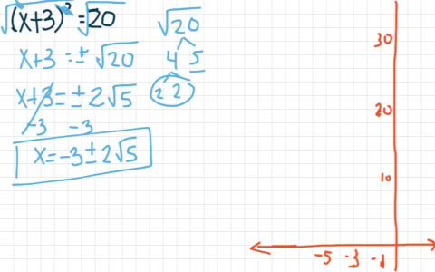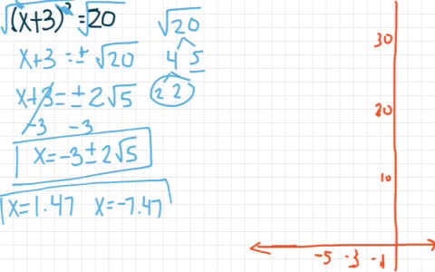So those two decimal approximations, you'll get that x is equal to 1.47. You'll also get, when you do negative 3 minus 2 square roots of 5, you should be getting negative 7.47. So those are the decimal approximations.